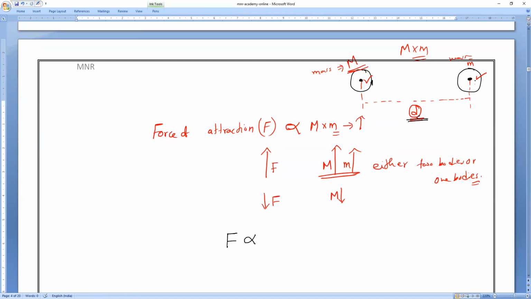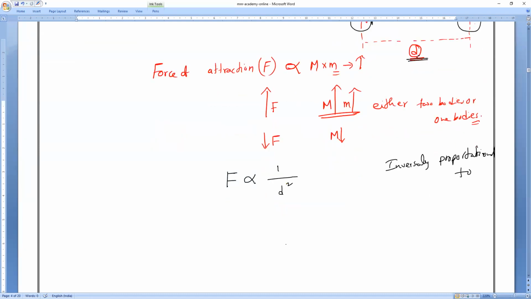How will it affect? The force of attraction is inversely proportional, not direct, inversely proportional. What do you mean by inverse? 1 by. So inversely proportional to the square of distance, not just distance, the square of distance between the two bodies, from their centers.